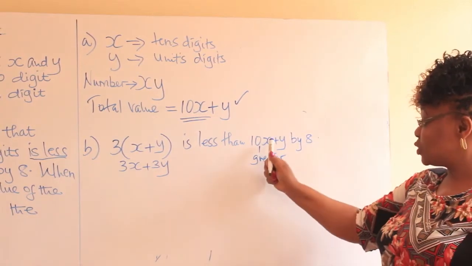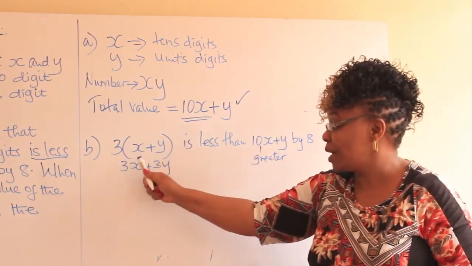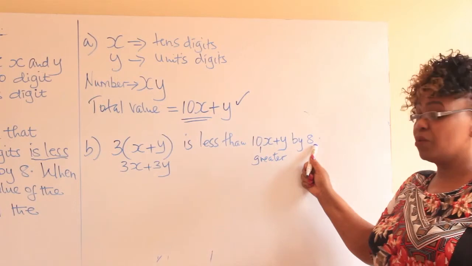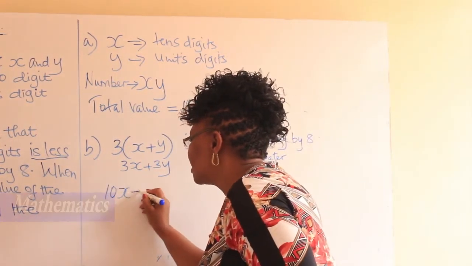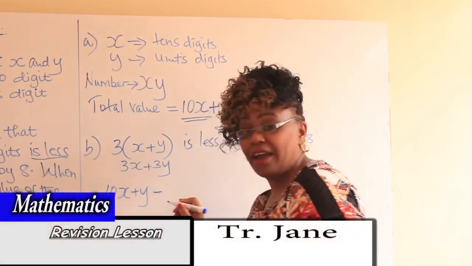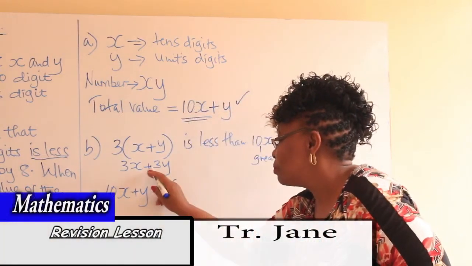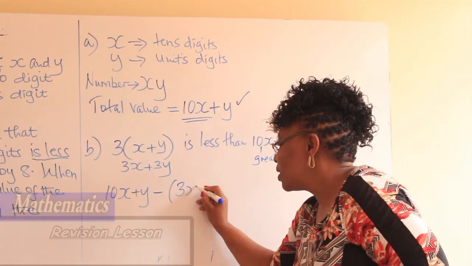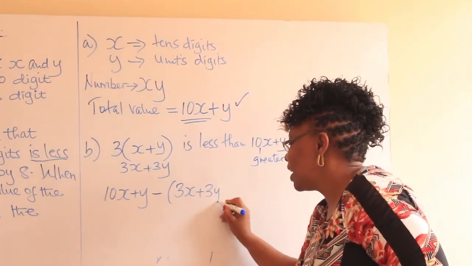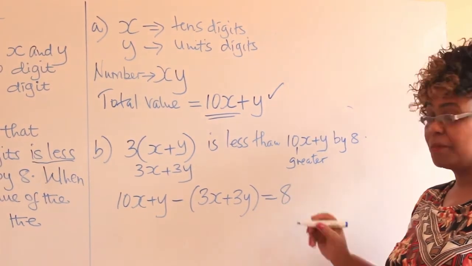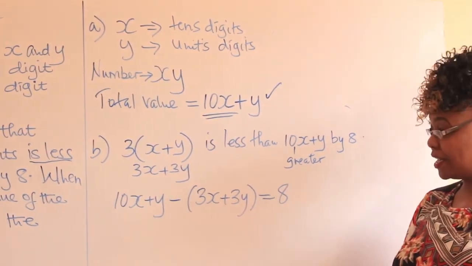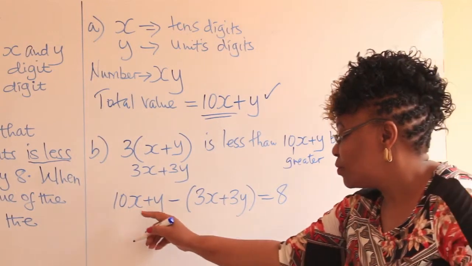Meaning, the difference between this one and this one is 8. What do we mean by that? If you took the greater value, this one, then you subtract the smaller value, you should get 8.